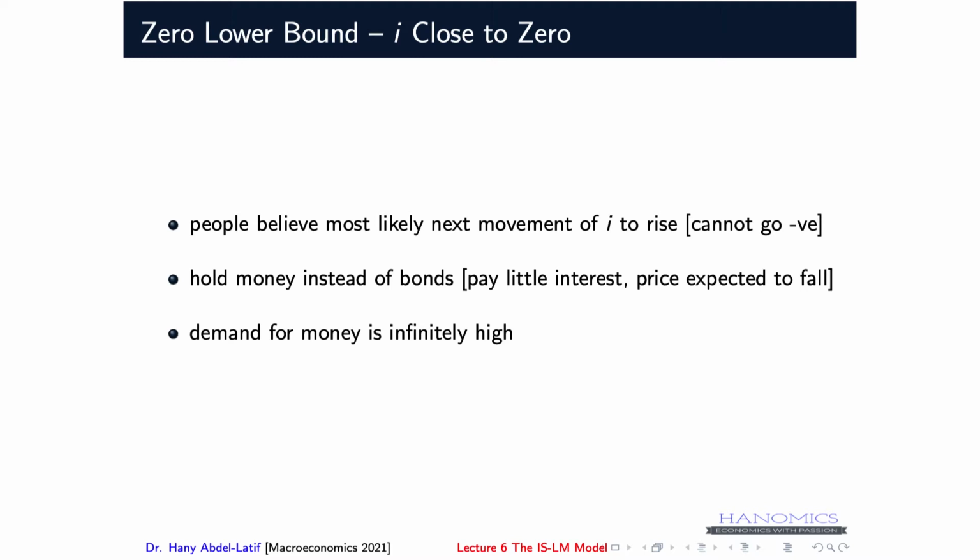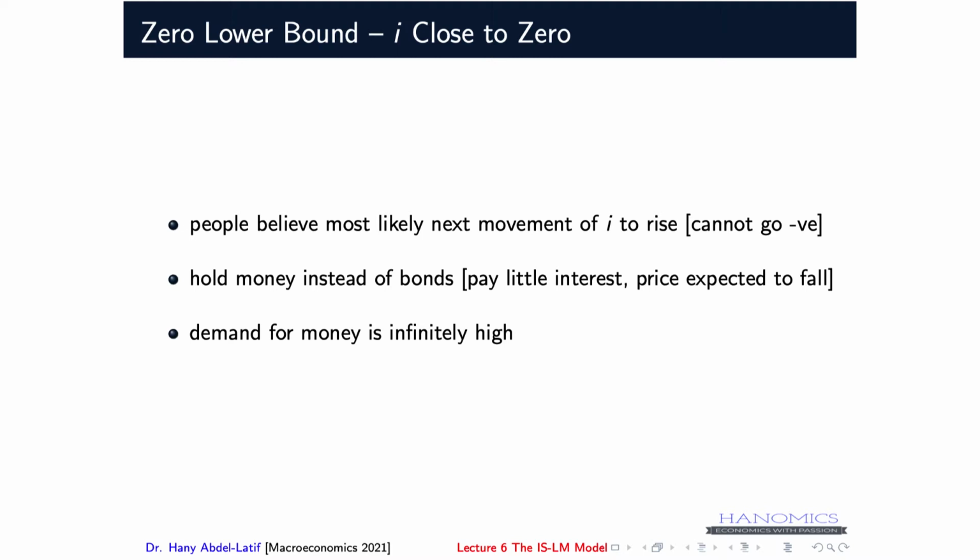So once people hold enough money for transaction purposes, they become indifferent between holding the rest of their financial wealth in the form of money or in the form of bonds.